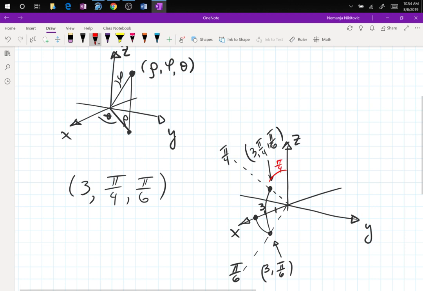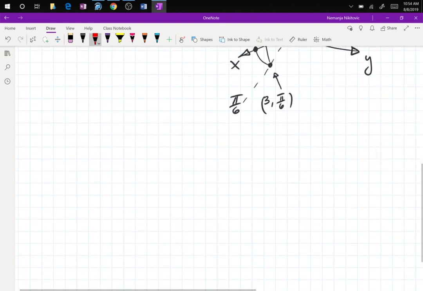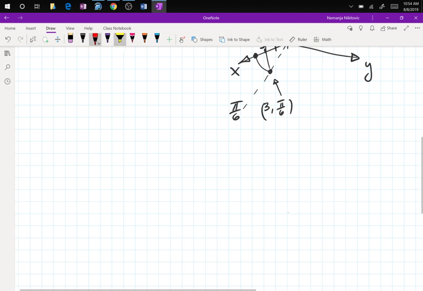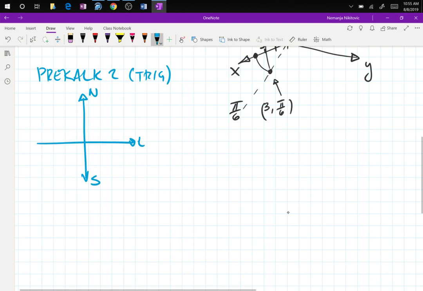You have seen this type of measuring before when you dealt with bearings in pre-calculus, in the trig course. When you dealt with bearings, you had north, south, east, and west.